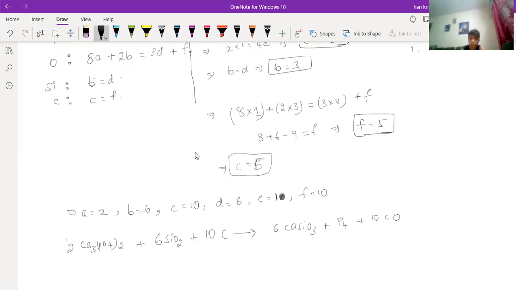Now check how many atoms are there on the reactant side and how many on the product side.